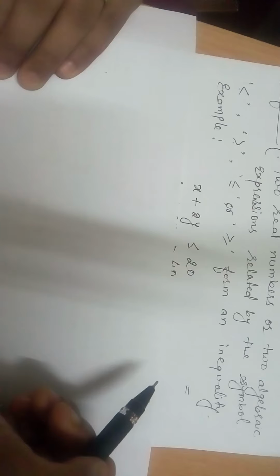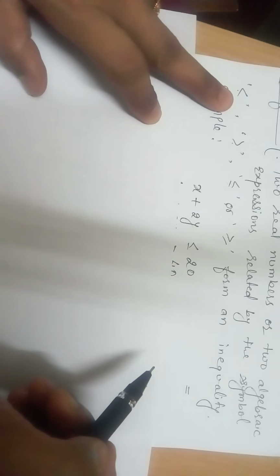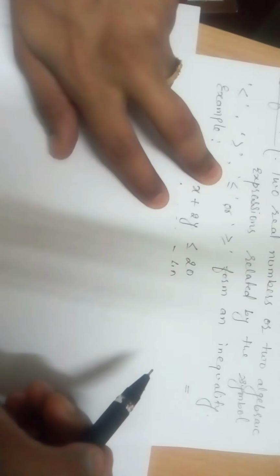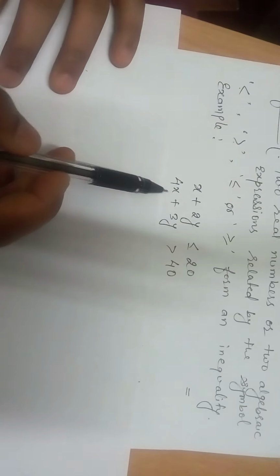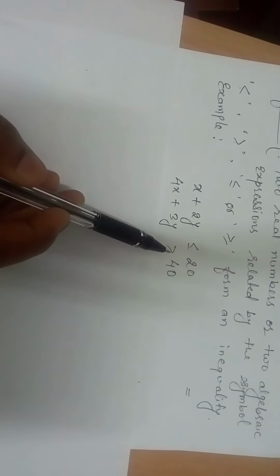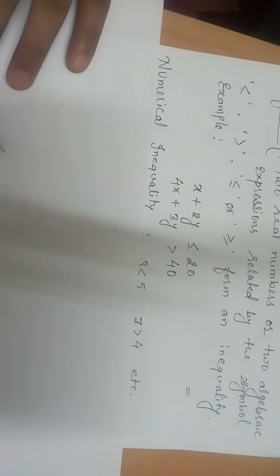Similarly, an expression involving these signs, either greater than, less than, less or equal to, greater or equal to, is called an inequality. So x plus 2y less or equal to 20 and 4x plus 3y greater than 40 are two examples of linear inequalities. We can write many more such examples.